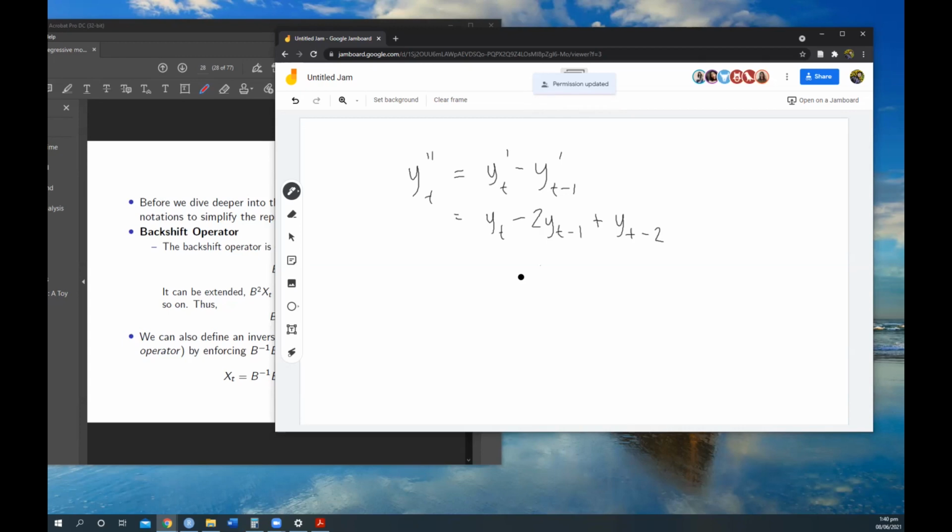Sige. Paano mo ngayon i-represent ang second order notation using the backshift operator?